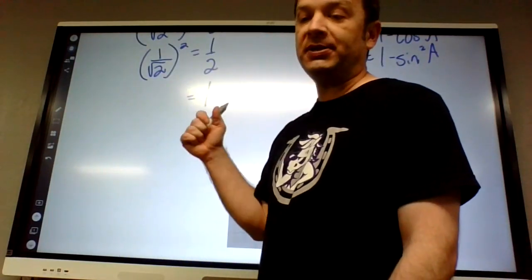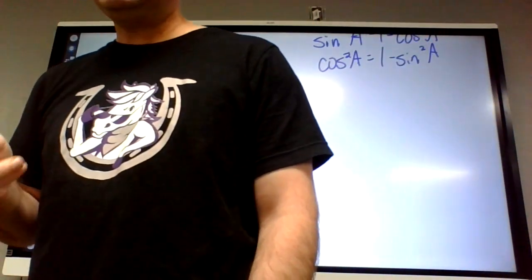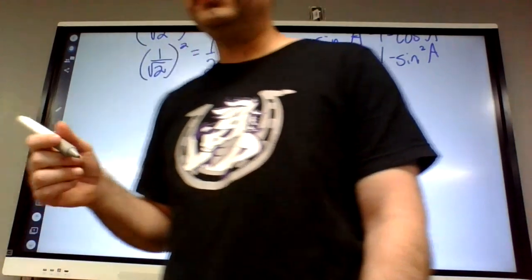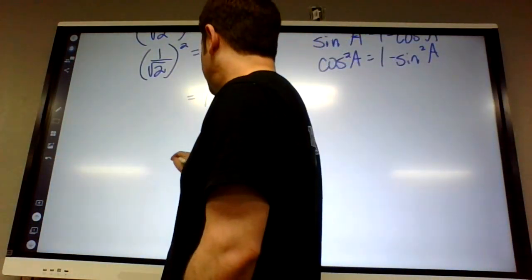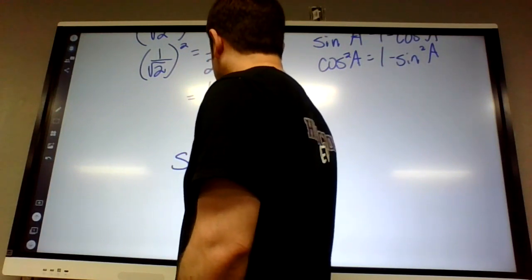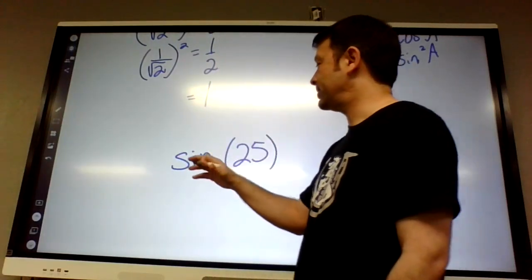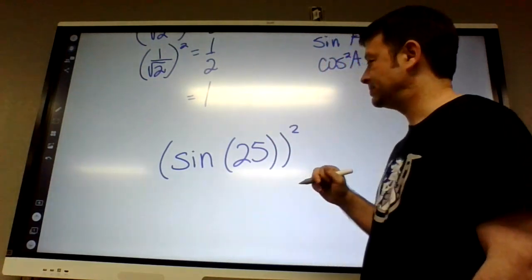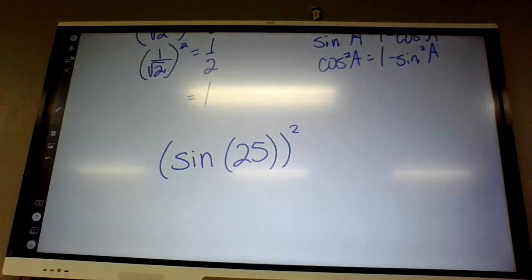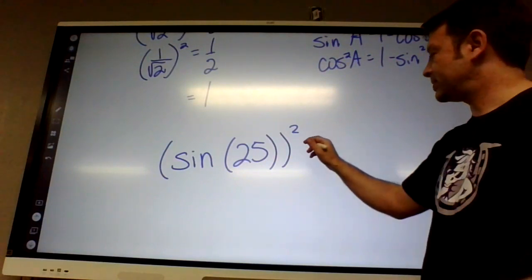Okay, but the number 3 is actually easier because there's no special triangle. You're just supposed to figure out what sine squared of 25 degrees is. So on your calculator, you'd probably have to do something like this. We need sine squared of 25, and let's go to 4 decimal places. What's that come out to?